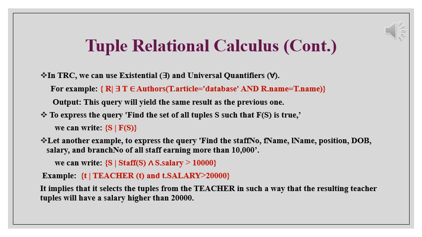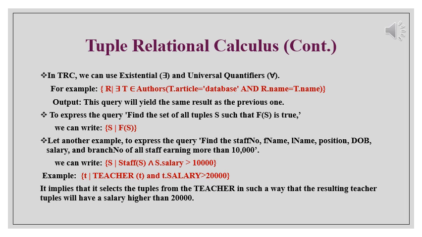So we can write S such that Staff(S) and there is an AND operator, and S.salary is greater than 10,000. You could also write one more example. t is a tuple, small t, and it belongs to the relation Teacher, and t.salary is greater than 20,000.